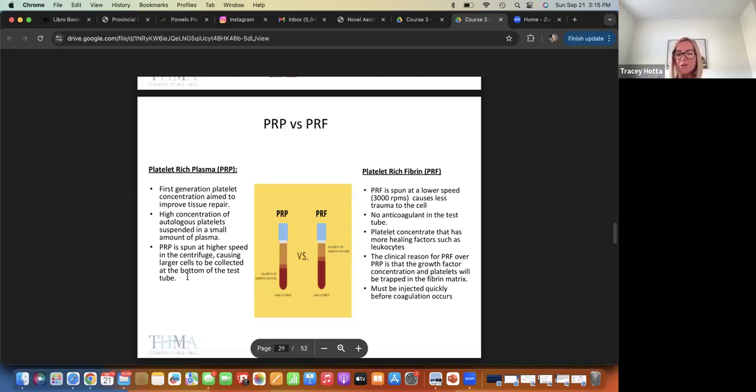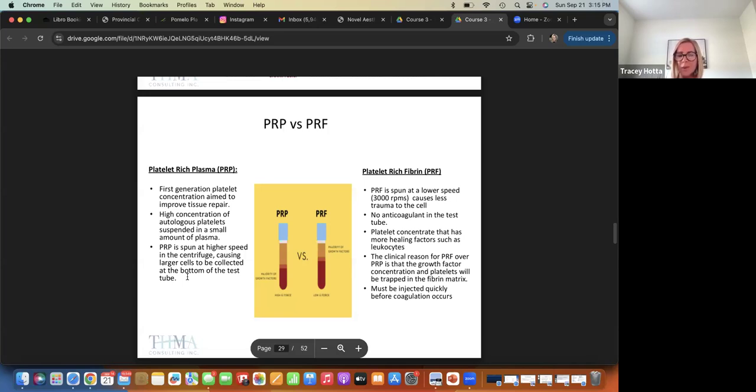It's platelet-rich fibrin. It is spun at a lower speed, which causes less trauma to the cells. It has no anticoagulant in the test tube, so you are on a bit of a time crunch to inject it if you are injecting PRF. It is a platelet concentration that has more healing factors such as leukocytes.